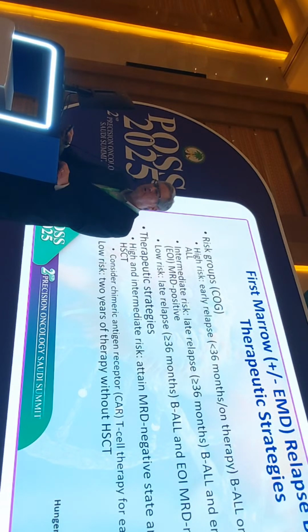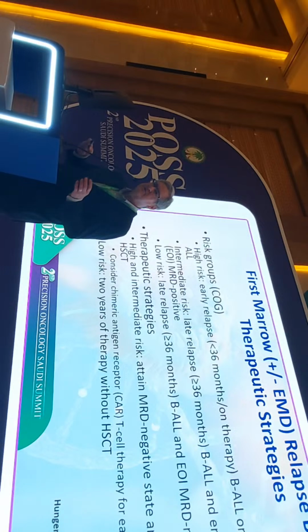So for bone marrow relapse, higher risk is for patients who relapse early, within 36 months. Low risk are patients with late relapse, more than 36 months after initial diagnosis, who are minimal residual disease negative at a level of 0.1% after 1 month of induction chemotherapy.